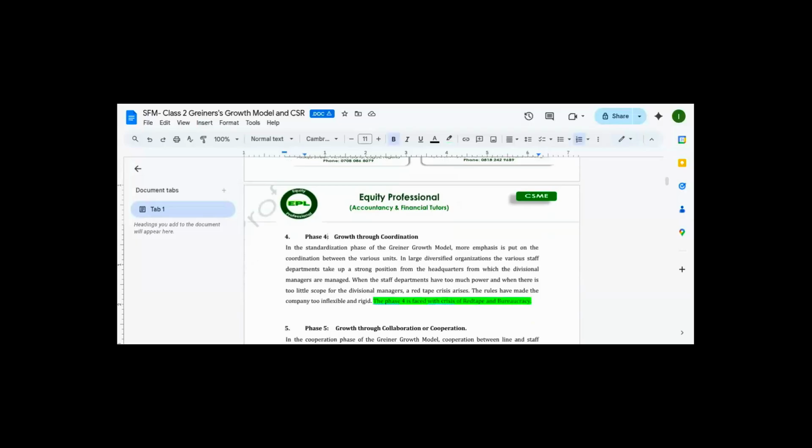In phase 4, that's the phase of growth through coordination. In this phase 4, you should always start your explanation by telling the examiner that the company equally experiences further increase in age and size.